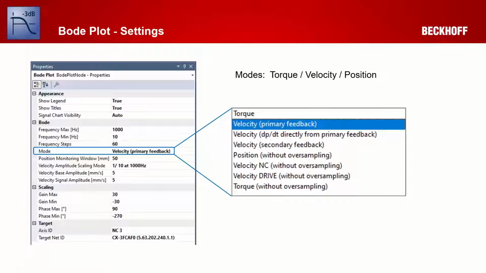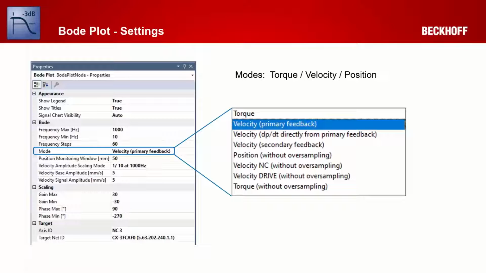This slide shows some properties you have in the Bode Plot tool. I pointed out here the modes which are available, so you can do a frequency analysis, a Bode plot, of the torque loop, of the velocity loop, and if needed of the position loop as well.